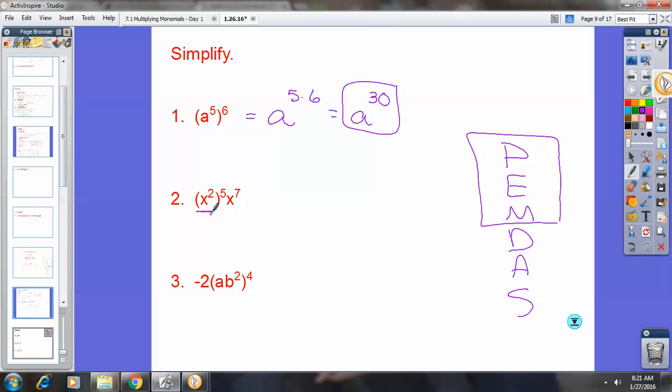So let's move on to exponent. I'm looking at expanding my box here a little bit. So now I'm looking at x squared to the 5th power. What is x squared to the 5th power? X to the 10th power. So we'll write that as x to the 10th power. And we still have x to the 7th. Let's use yesterday's rule. X to the 10th times x to the 7th is how much? 17th, x to the 17th power.